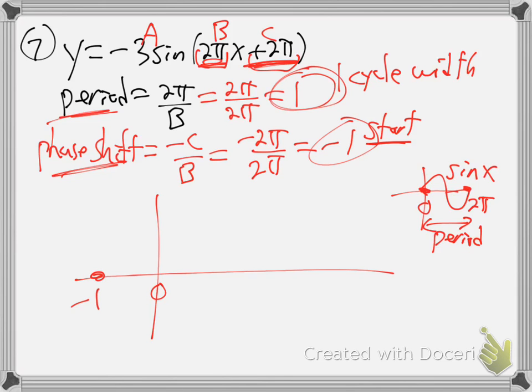Width of 1. It's going to do a whole cycle in a width of 1. So if it starts at minus 1 and goes 1 to the right, it'll be at 0. And in that space, it'll do one whole cycle. It'll go up and down and back to 0. Now, one other change. It's not quite right yet, but that's almost right. Good so far? Do you see that?